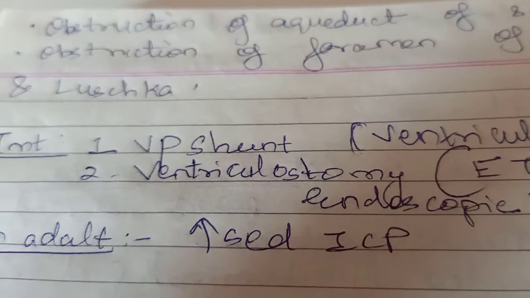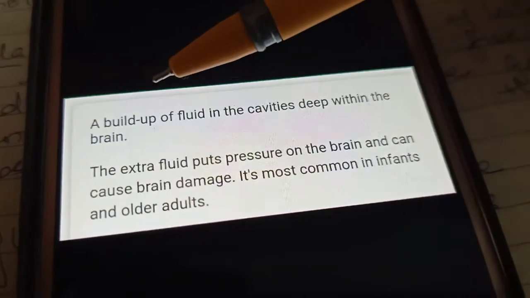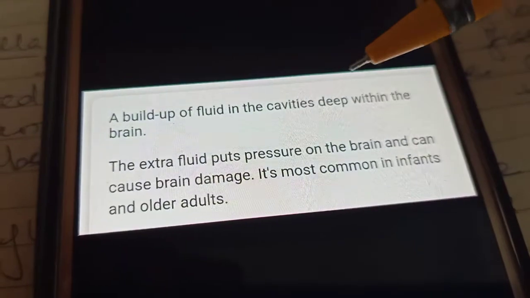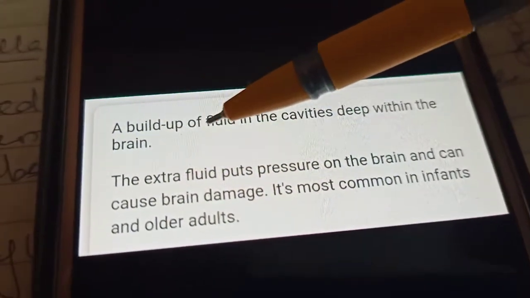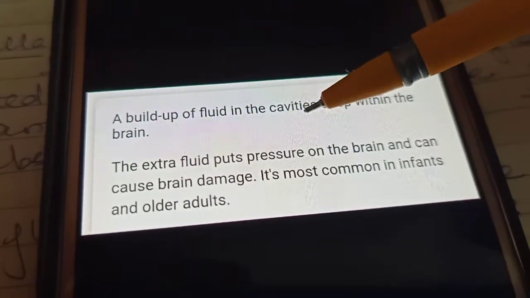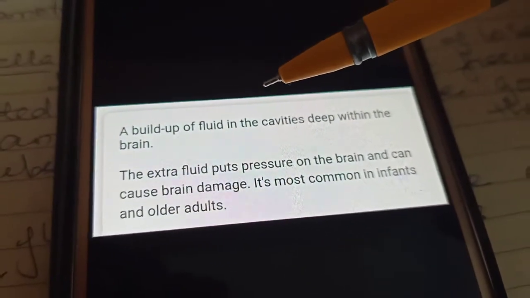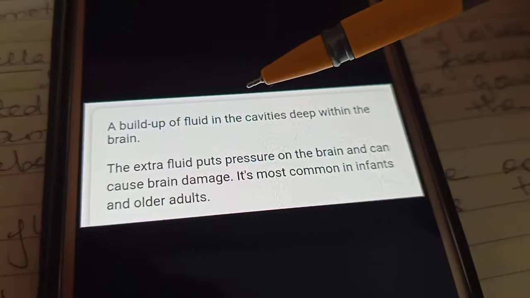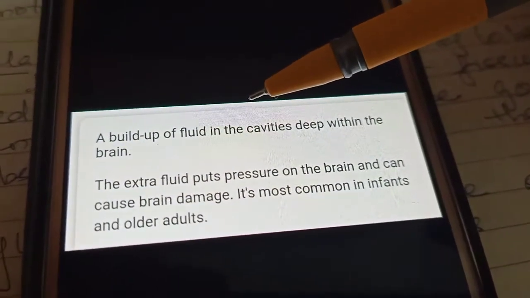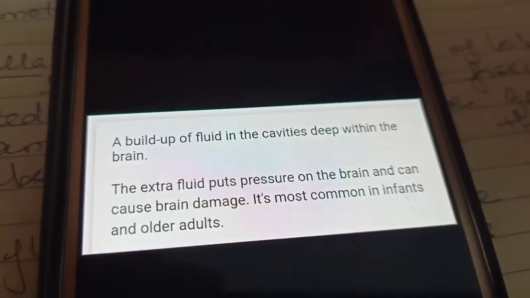Now what is the reason for this? Hydrocephalus is a build-up of fluid in the cavities deep within the brain. The CSF is flowing through the ventricles, so whenever there is obstruction to the flow of the CSF, this fluid will pile up.